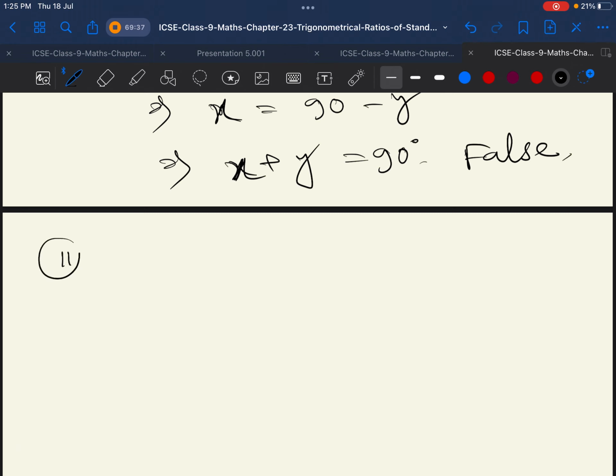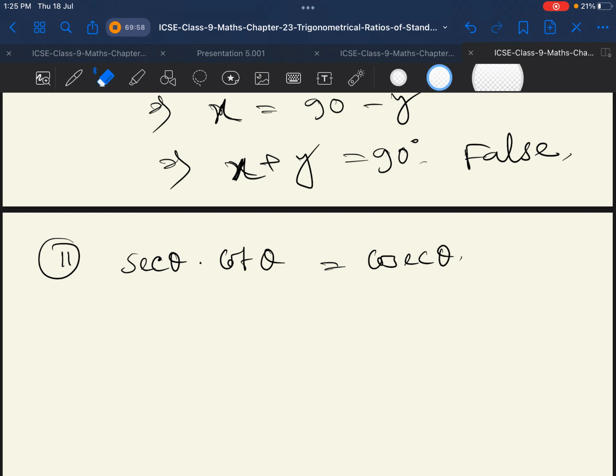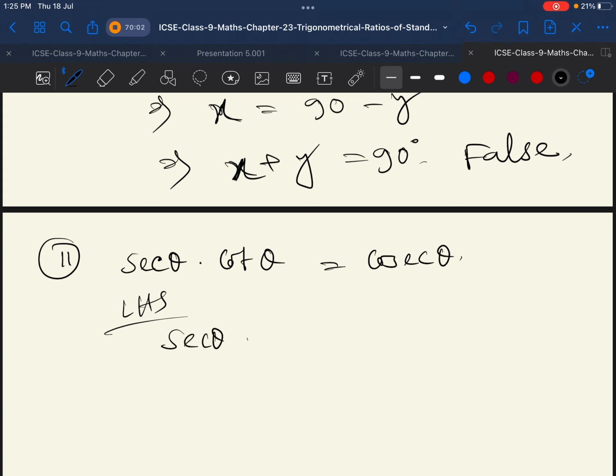Now question number 2: sec theta times cot theta equals cosec theta. Write true or false. First, the left hand side, sec theta times cot theta.